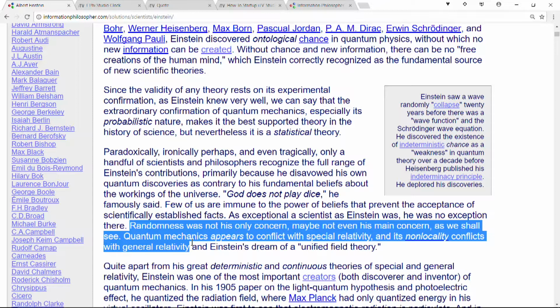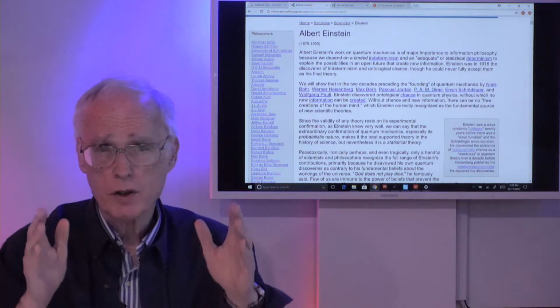And in particular, its non-locality, the idea that there are effects extending out to other parts of space, which are not causally accessible, is the way to think about it. Things happening in another part of space should not have a causal relation.